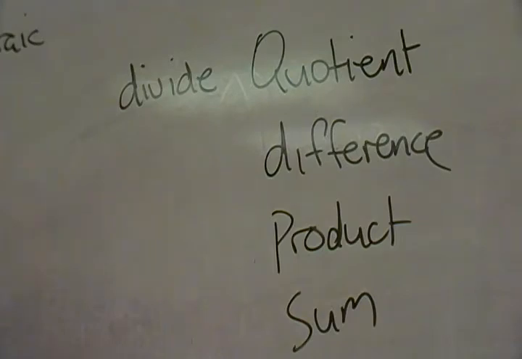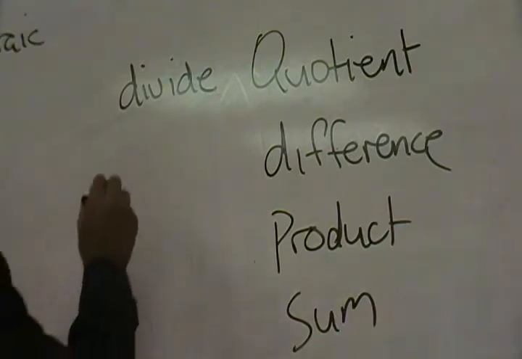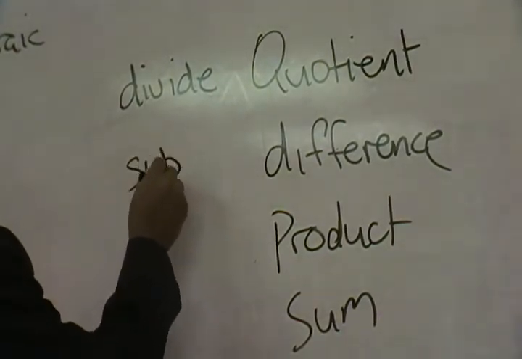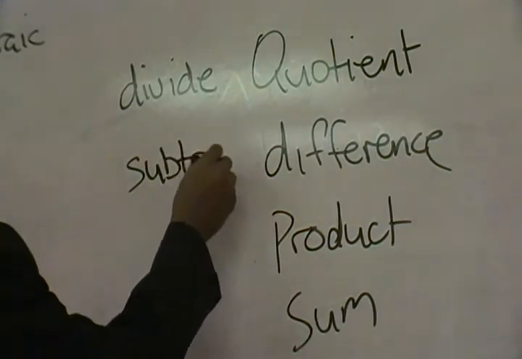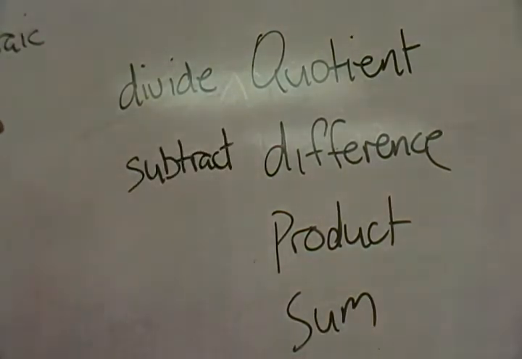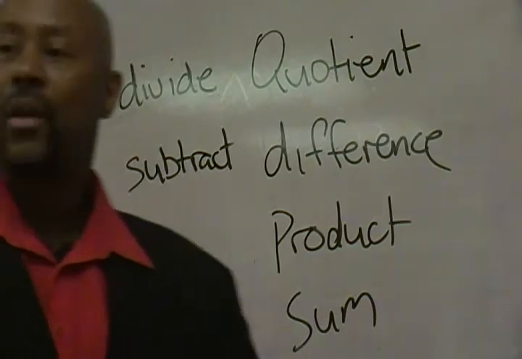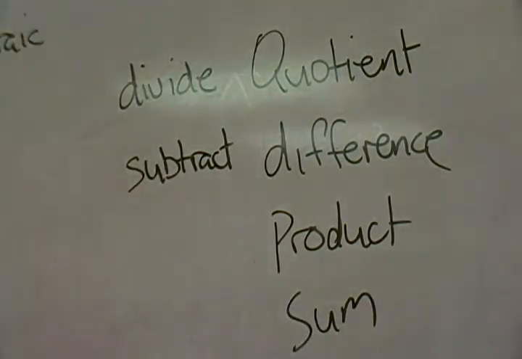But what's the operation? You were borrowing so that you could subtract. Thank you. So you subtract to get the difference. So far we got, you divide to get the quotient, you subtract to get the difference.